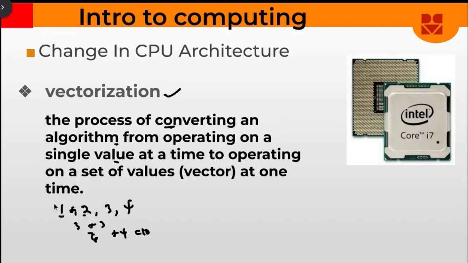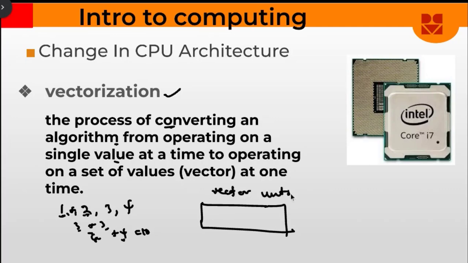Now, looking at the time it will take to compute each task one after the other, right? This takes time. So the concept of vectorization comes in the sense that instead of running this one after the other, they decide, let's take these elements as vectors, right? And this is called vector units. And this vector unit takes 1, 2, 3, 4.